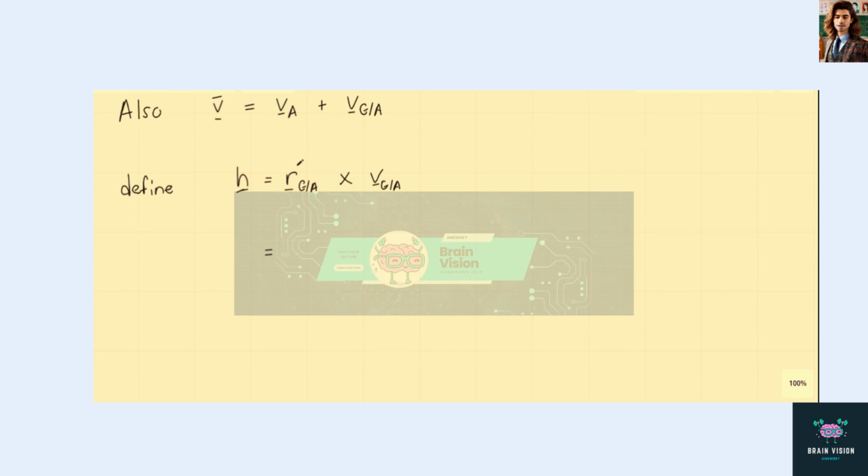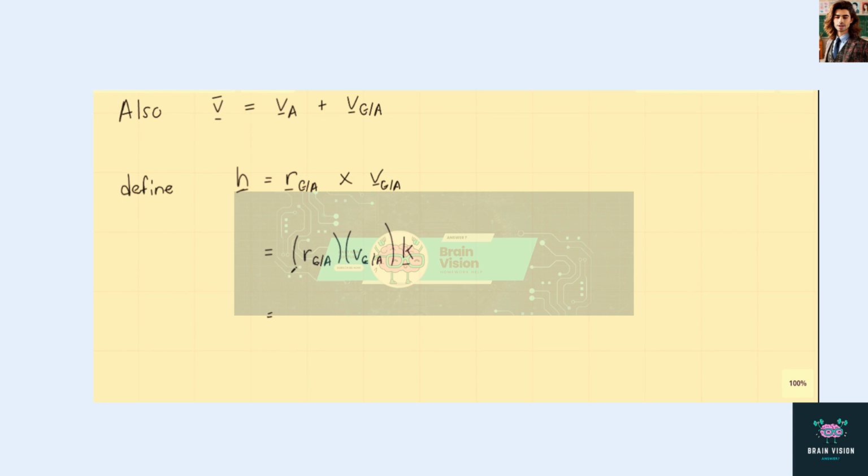And so from above, we can simply write this as the magnitude r_GA times V_GA in the k direction.